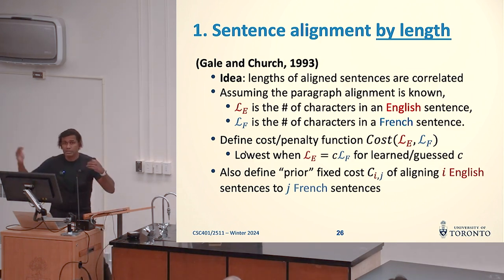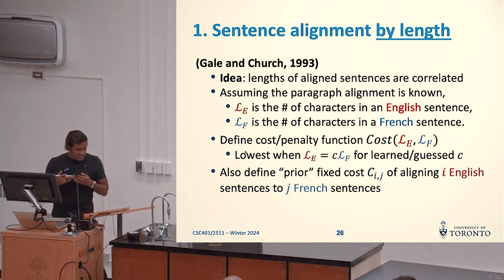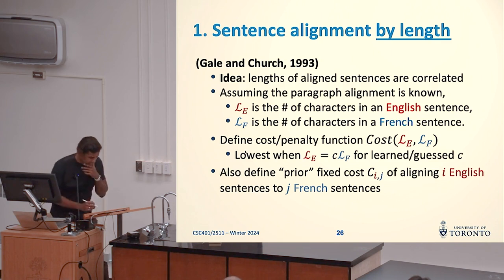You can look at two different corpora of English and French, and see that French is a little bit shorter than English. The cost function is such that the more you deviate from this known knowledge, the more I penalize you. So let's say we know an English sentence is 1.5 times longer than a French sentence, and something deviates by being 2 times longer, then it gets more penalty. That's the idea.